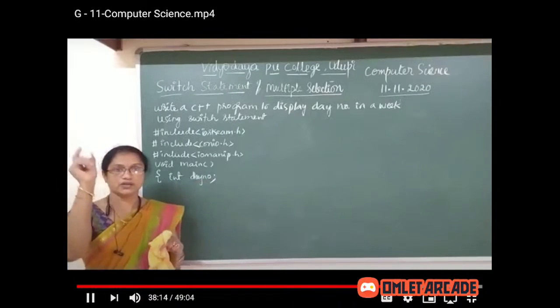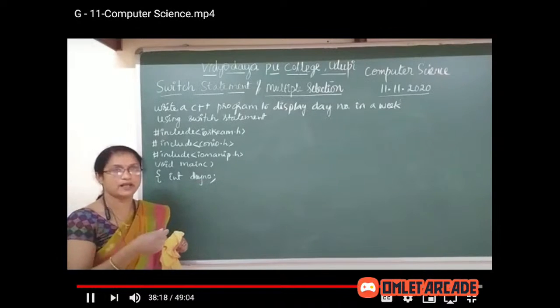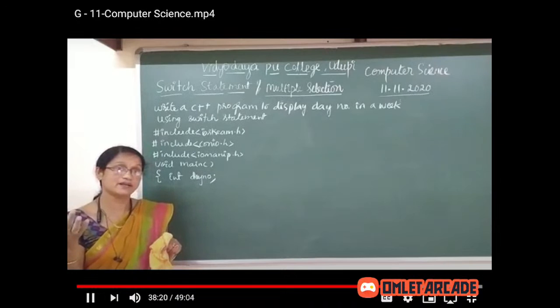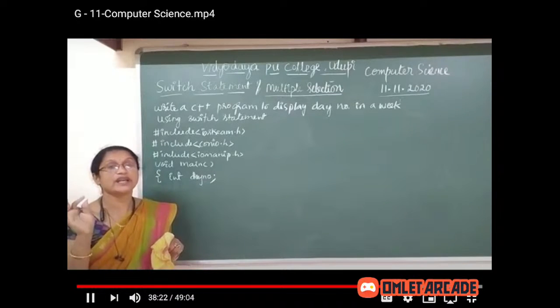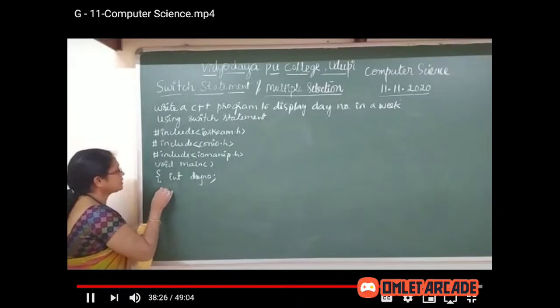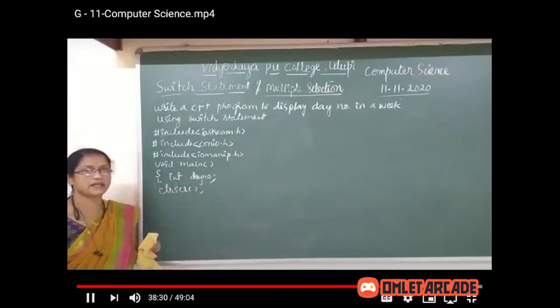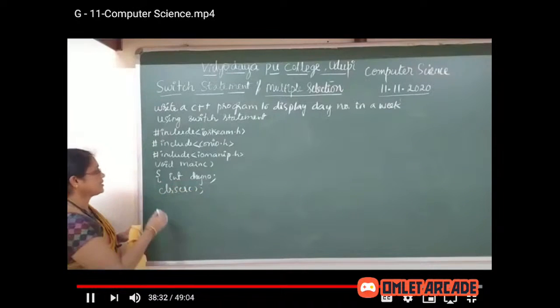If you input 1, then it should display Sunday. If it is 2, then Monday. If it is 8, there is no match, so invalid day number. Clear? So int dayno. Next, clrscr, to clear the output screen.